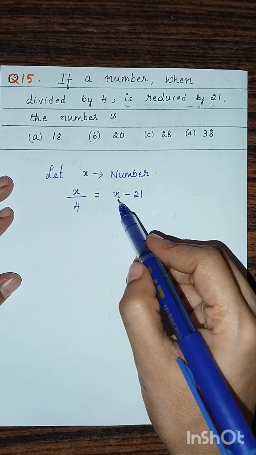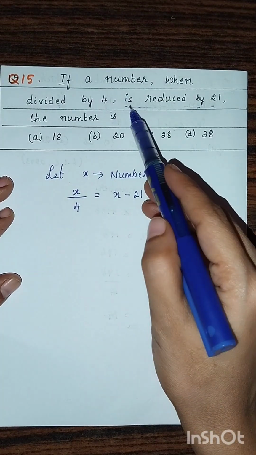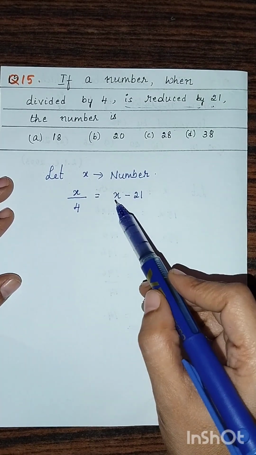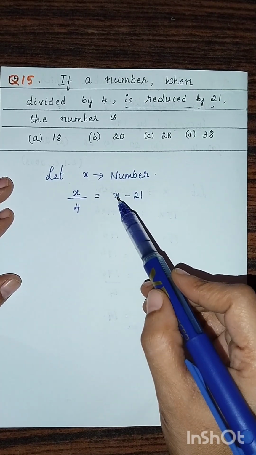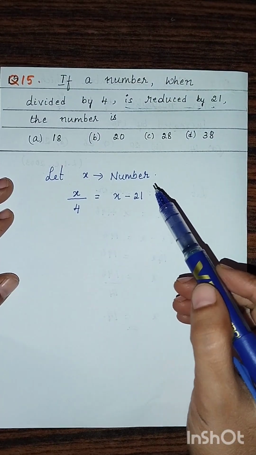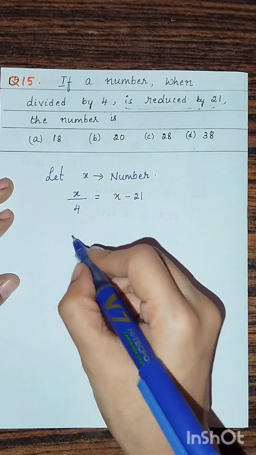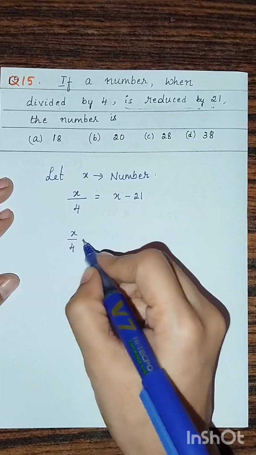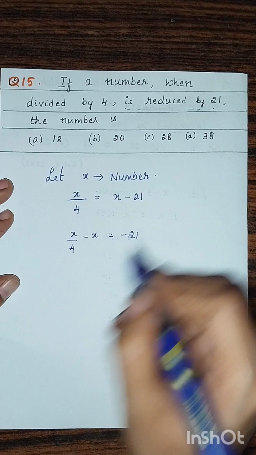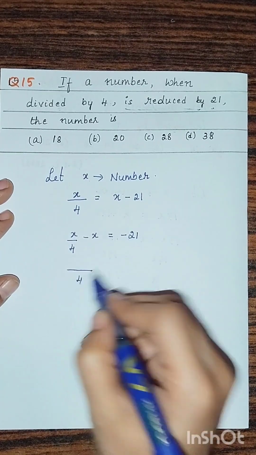So here the unknown number is greater because they have said is reduced by 21. So you are deleting 21 from the unknown, which means the unknown value will be greater. So that's why we will write x minus 21, not 21 minus x. Now let us find that unknown value by bringing all the like terms on one side. X by 4 minus x is equal to minus 21. So we'll take the LCM 4.